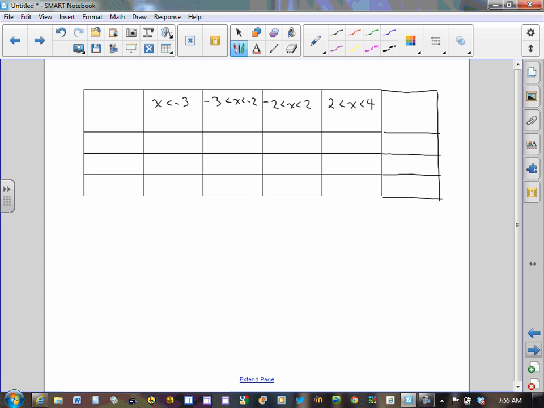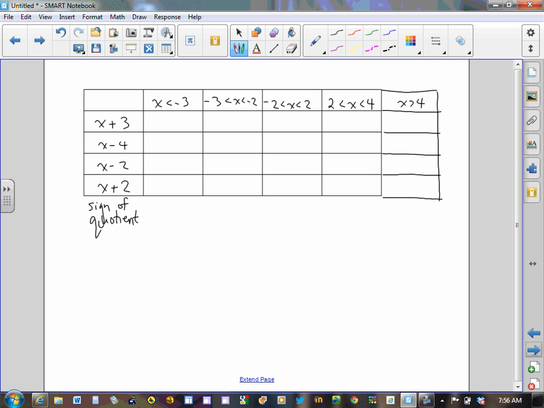So we'll draw an extra one in, and then x bigger than 4. Over in the left-hand column, we'll have to add another row as well. So we have factors x plus 3, x minus 4, x minus 2, x plus 2, and below that we'll have the sign of the quotient.